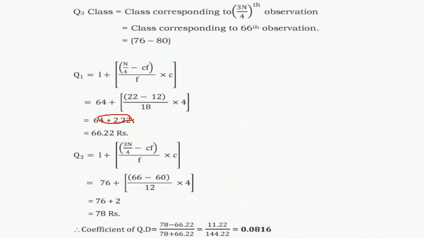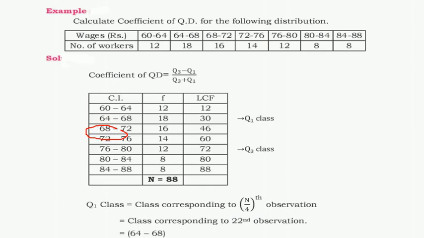So then we're going to solve this one: 22 minus 12, that is 10, divided by 18, into 4 equals 2.22, that is 66.22. Here in between some number is given.